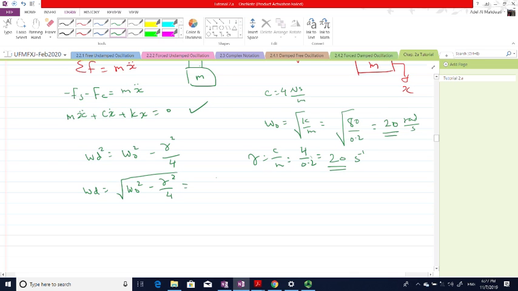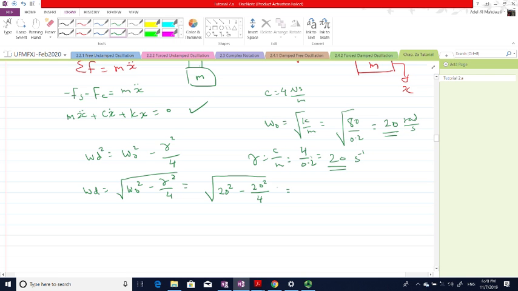Let's substitute all what we have in here under the square root, okay? Omega naught will be 20 squared minus gamma squared, which will be 20 squared divided by 4.